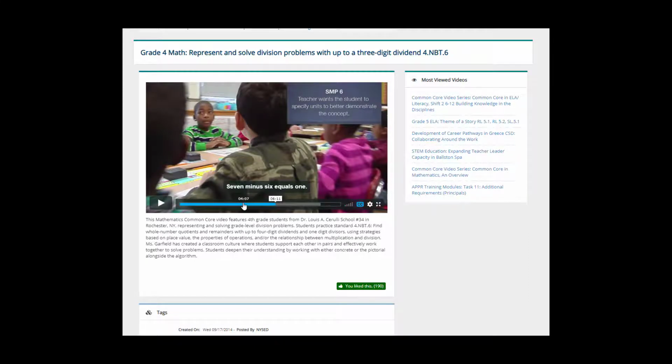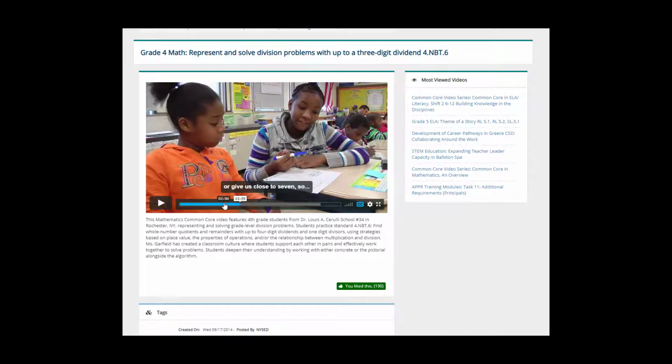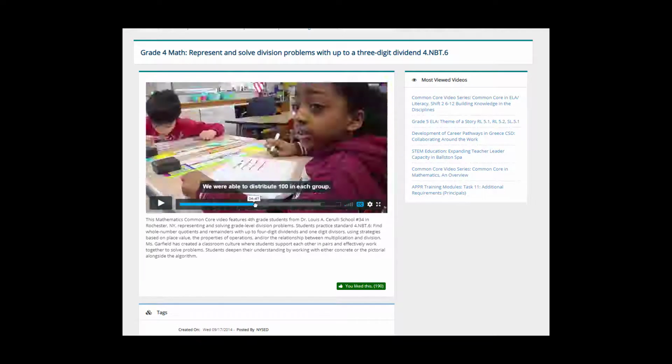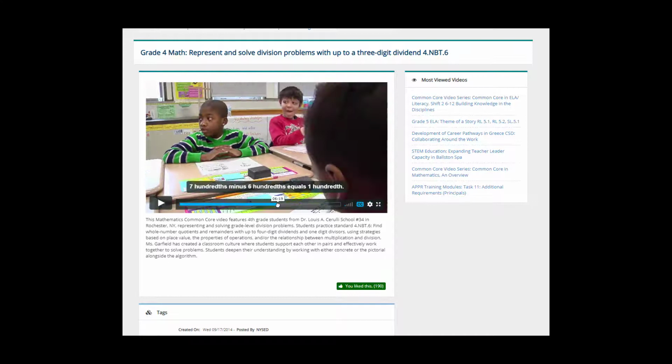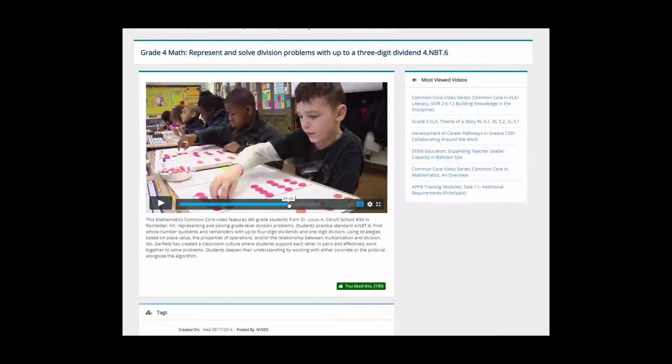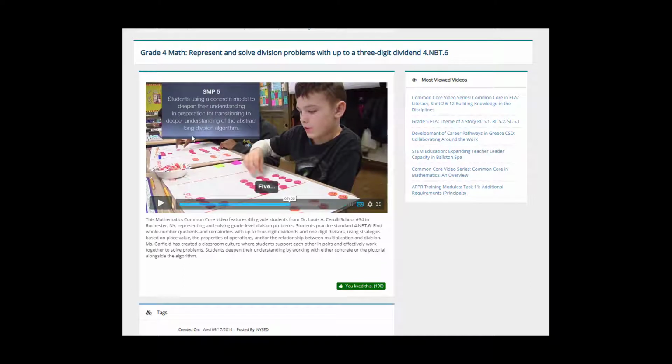And I thought I saw one earlier. Math practice 5, using concrete models to deepen their understanding in preparation for transitioning to deeper understanding of the abstract long division algorithm. Okay, so the teacher claims to meet MP5 and MP6.